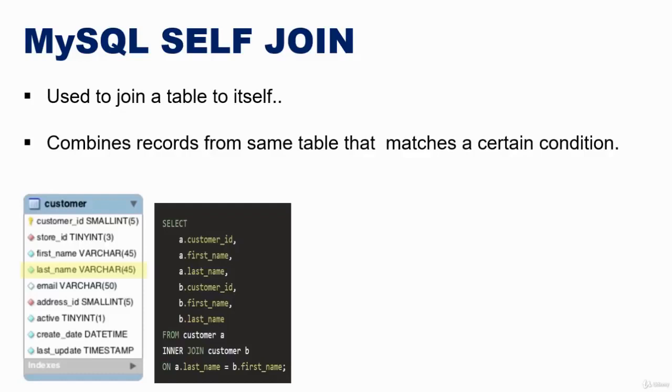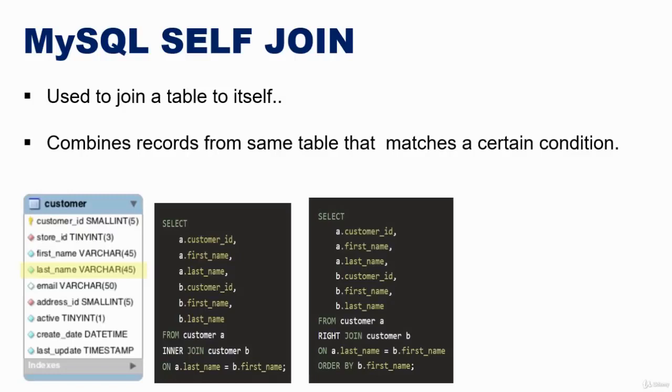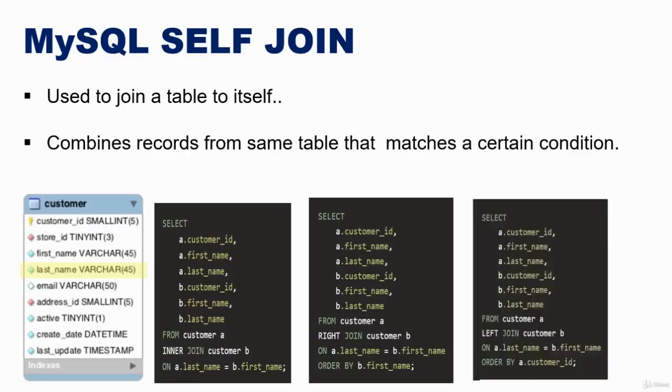So I've got the alias A, which represents customer_ID, first name, last name, and then I've got an alias B with the same number of fields: customer_ID, first_name, last_name. So we're basically joining data from the same table to itself. Okay, and we're using an inner join. So you can also represent this with a right join and also with a left join.